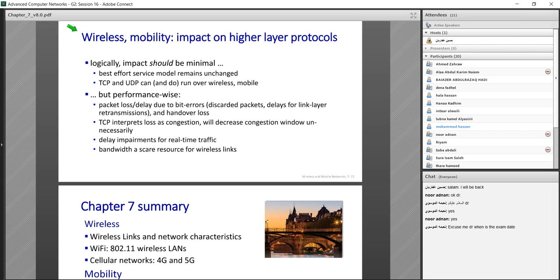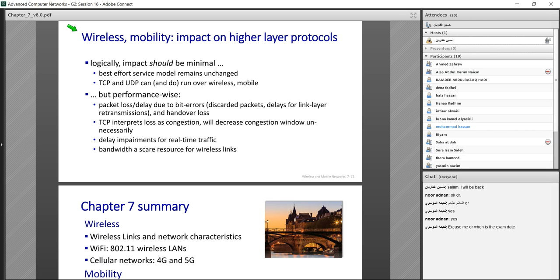We should adapt the old protocols to the new conditions, or deploy new protocols and new network structures based on the requirements of the old protocols. This is one of the main challenges in wireless networks.